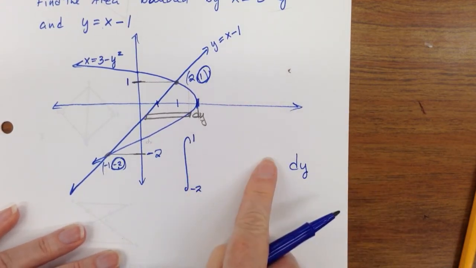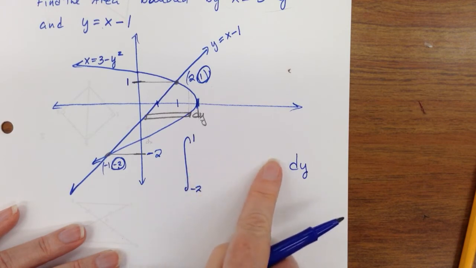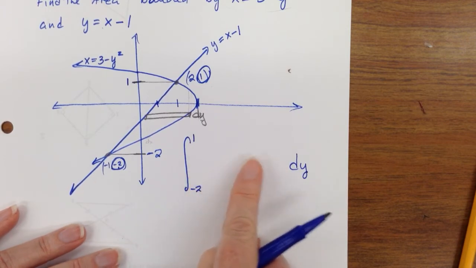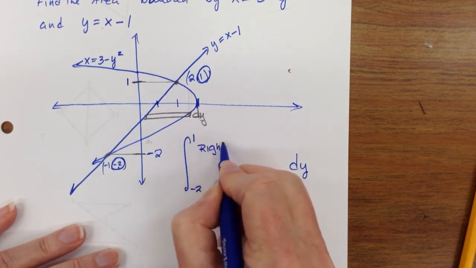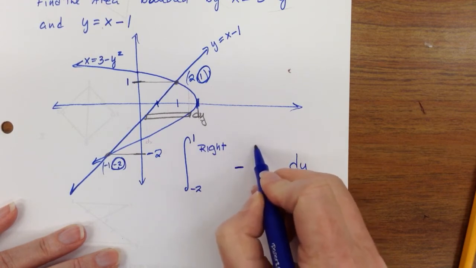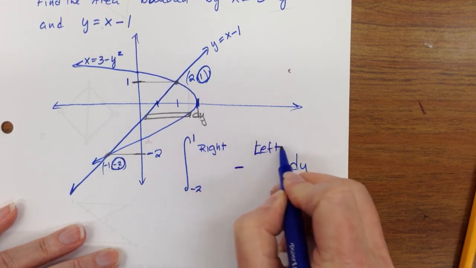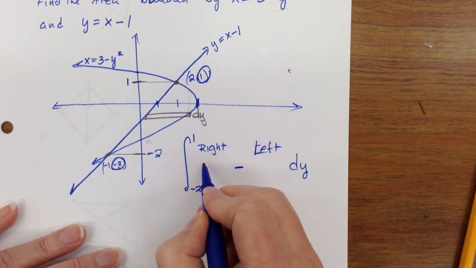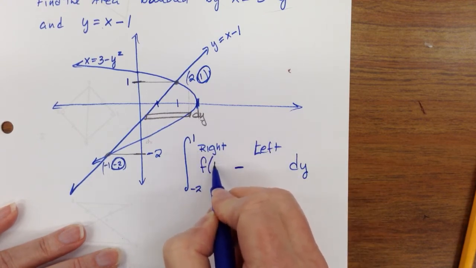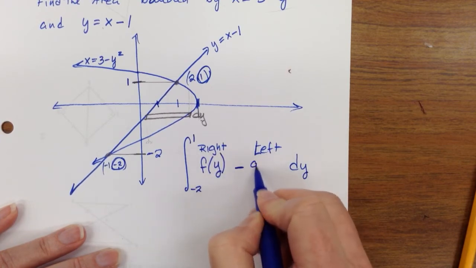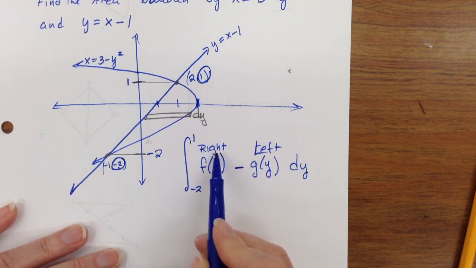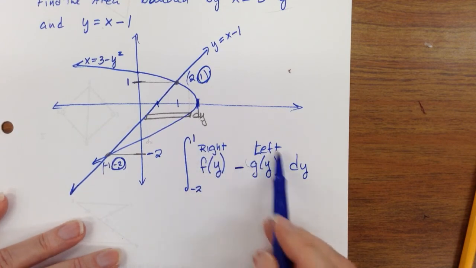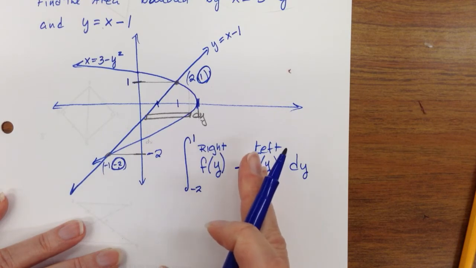But what do we integrate then? Well, instead of top curve minus bottom curve, we will integrate the right curve minus the left curve. And these are going to need to be functions of y. In other words, I will need the equation x equals y stuff and x equals y stuff, the right minus the left.